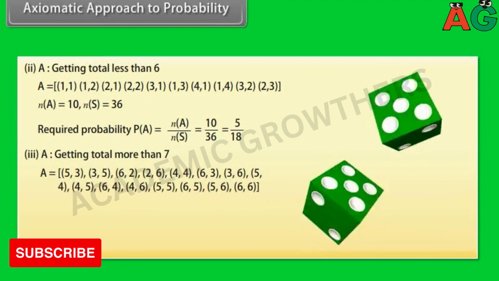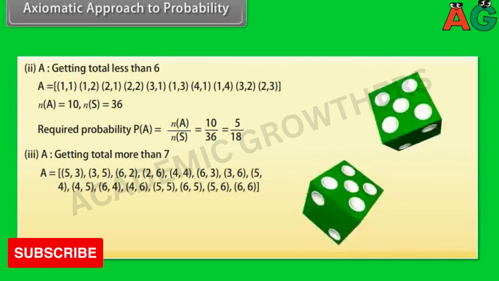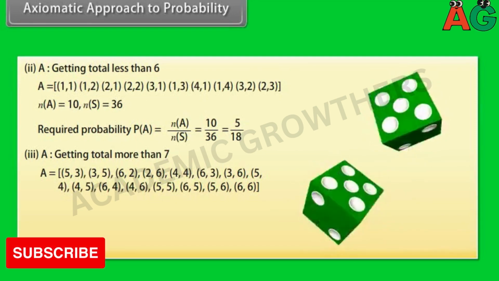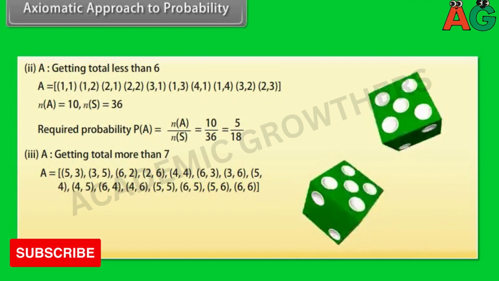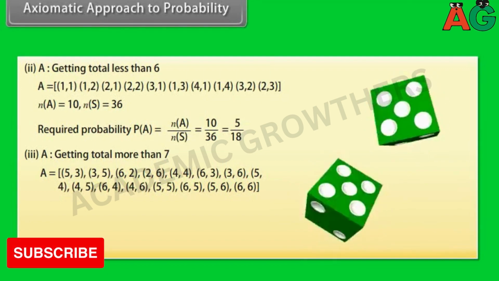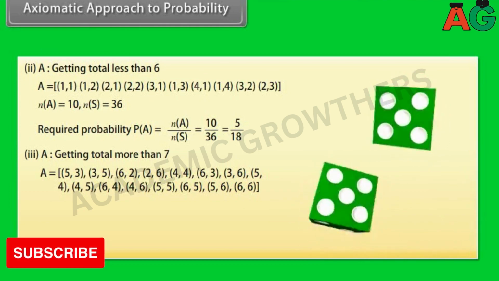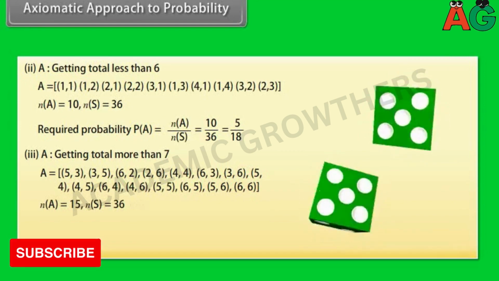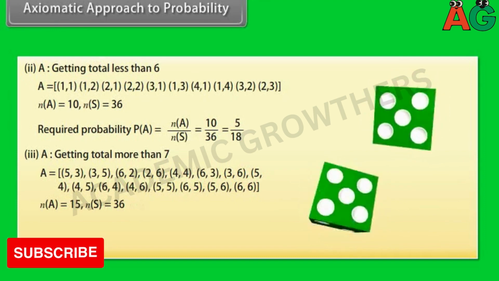3. A: getting total more than 7. A is equal to (5,3), (3,5), (6,2), (2,6), (4,4), (6,3), (3,6), (5,4), (4,5), (6,4), (4,6), (5,5), (6,5), (5,6), (6,6). n(A) is equal to 15. n(S) is equal to 36.